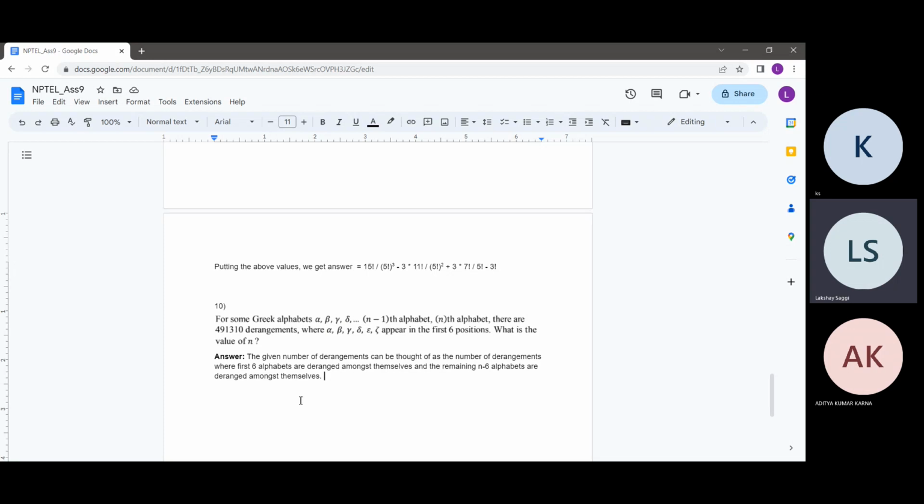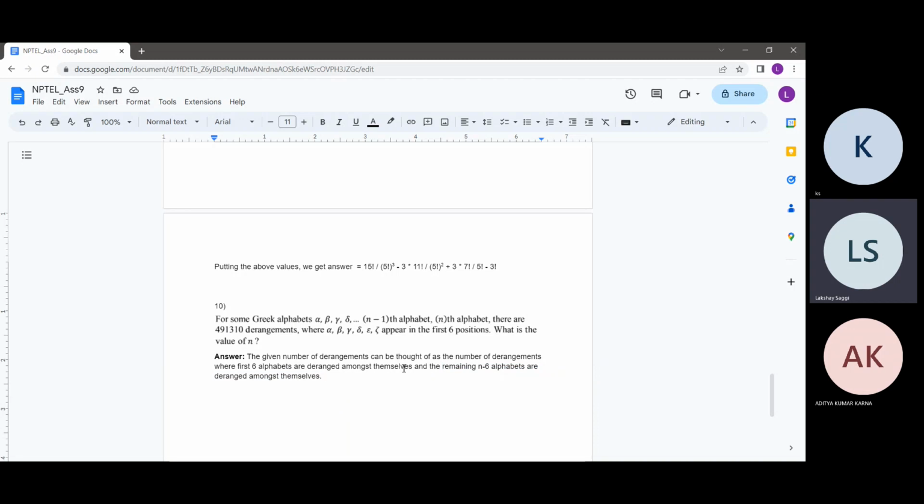So the first six terms and the remaining n minus six terms can be thought of as being independent of each other, right? The first six alphabets are being deranged among themselves and the remaining are being deranged amongst themselves.